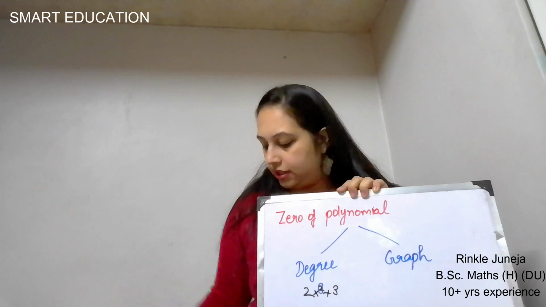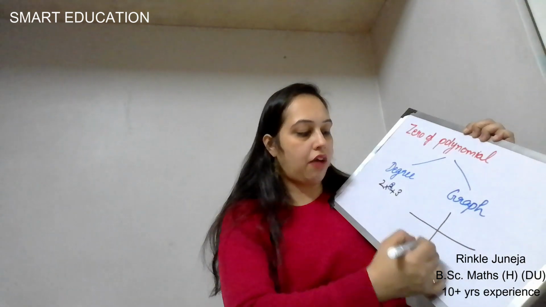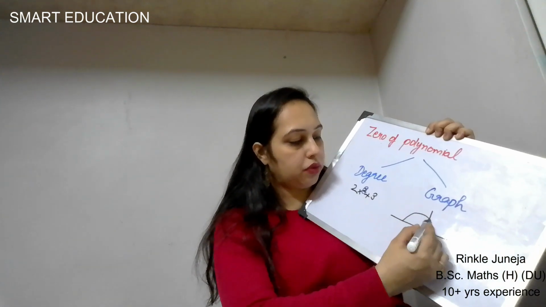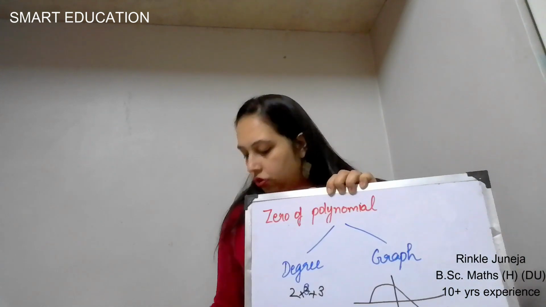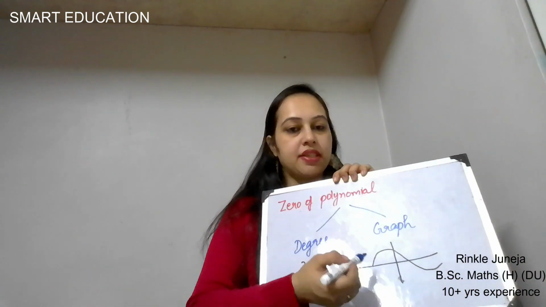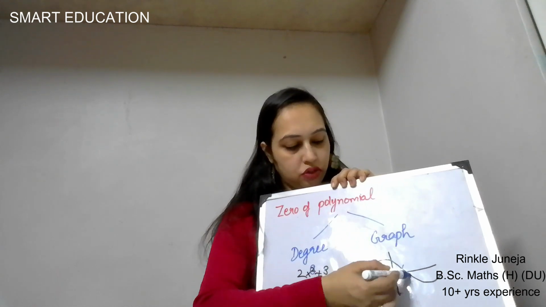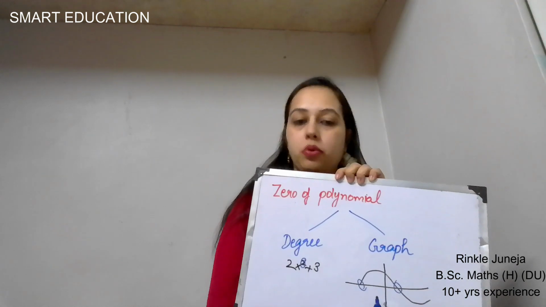Okay. Similarly, if you're given a graph of a polynomial, for example, you're just given this graph with x and y axis, and the graph it goes like this, then this, then this. Then you need to see how many times is it crossing the x-axis. 1 and 2. So we can say that this polynomial will have two roots.